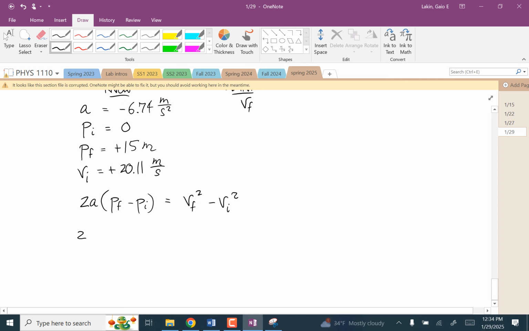So 2 times negative 6.74 times the quantity 15 minus 0 is equal to VF squared minus 20.11 squared.